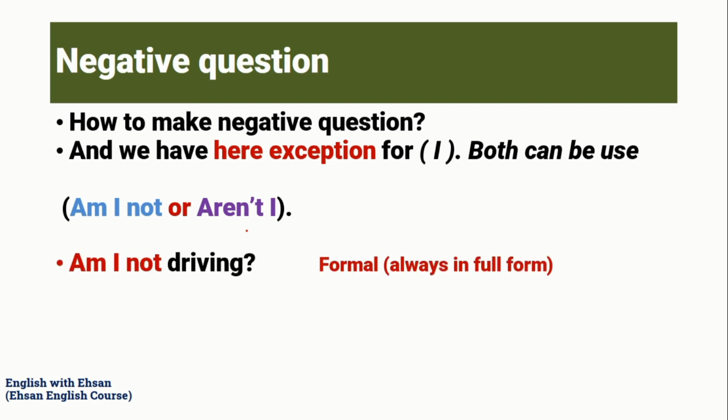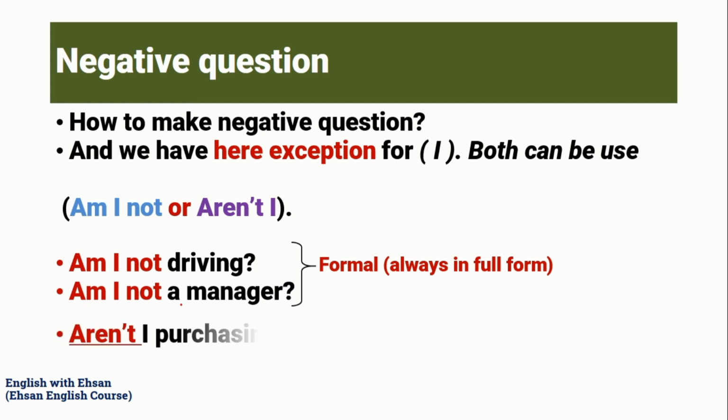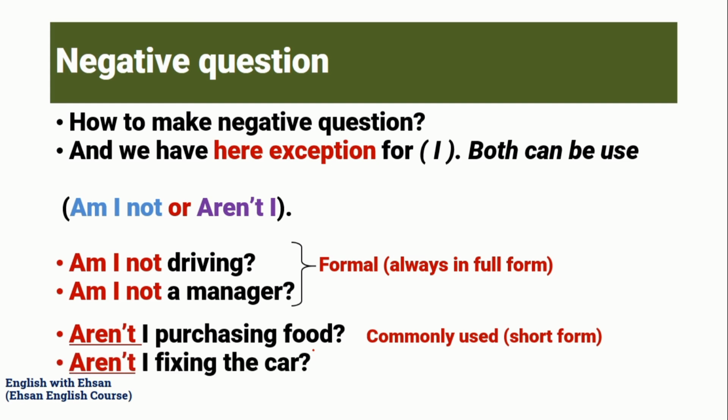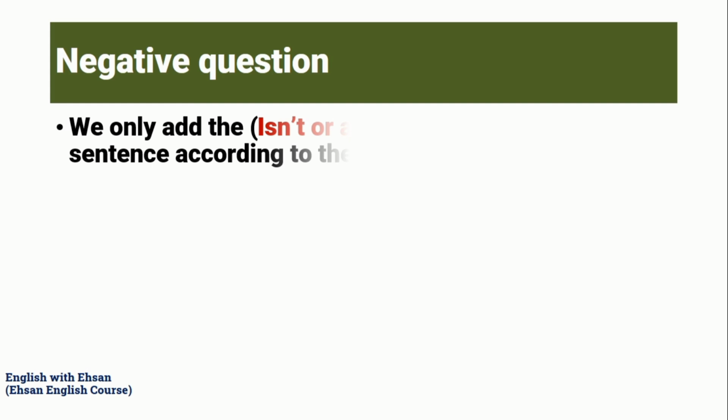Like here, am I not driving? It's our negative question, full form, always in full form. And I'm not a manager. Aren't I purchasing food? Commonly used, short form. Aren't I fixing the car? Like this, we can use both "aren't I" or "am I not."